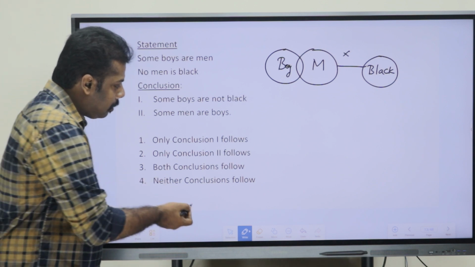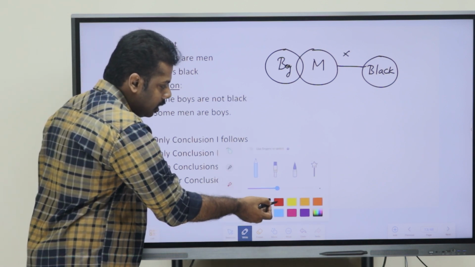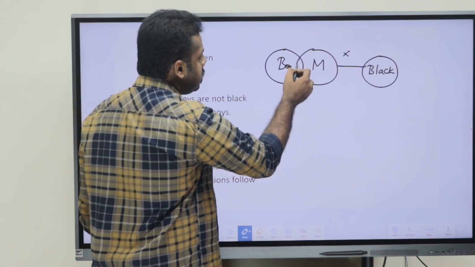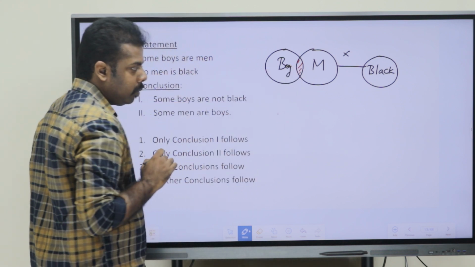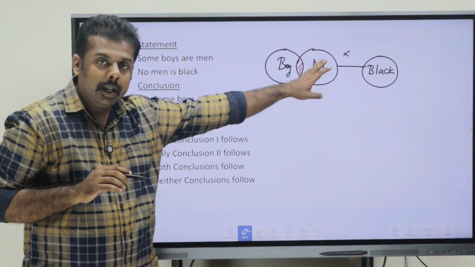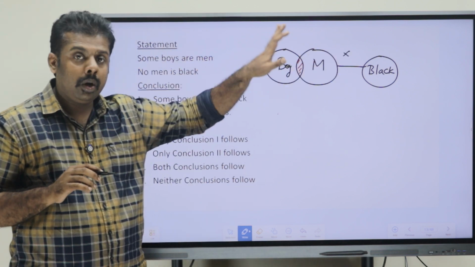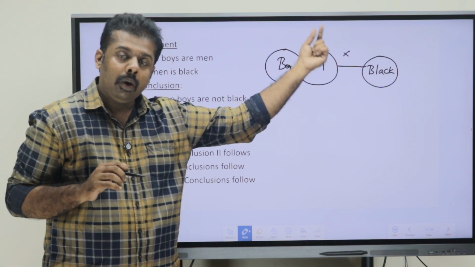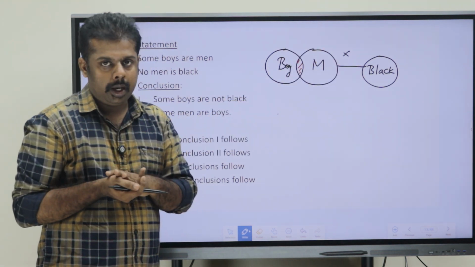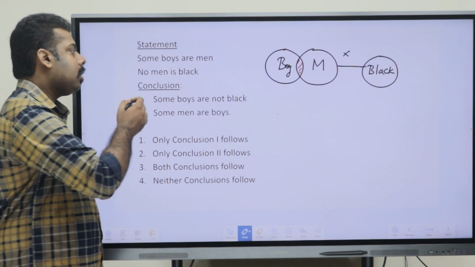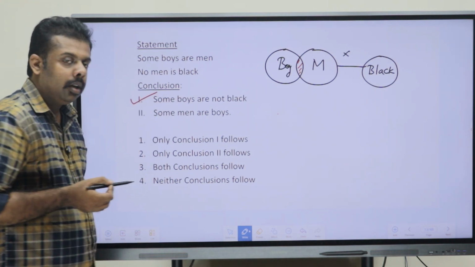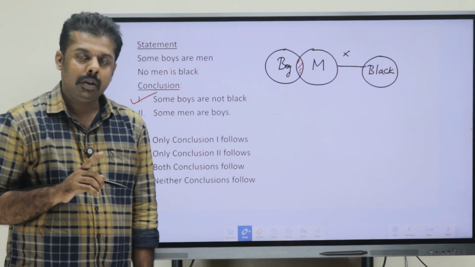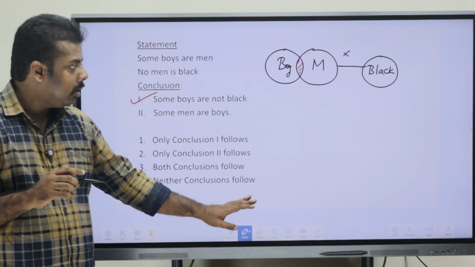As we can see the same reasoning, here boys and men are connected to a common portion, and we know that men and black have no connection or no relation. So we can say that this portion of boys will not be connected to black. So "some boys are not black" is the right conclusion. I hope that you got the reasoning.